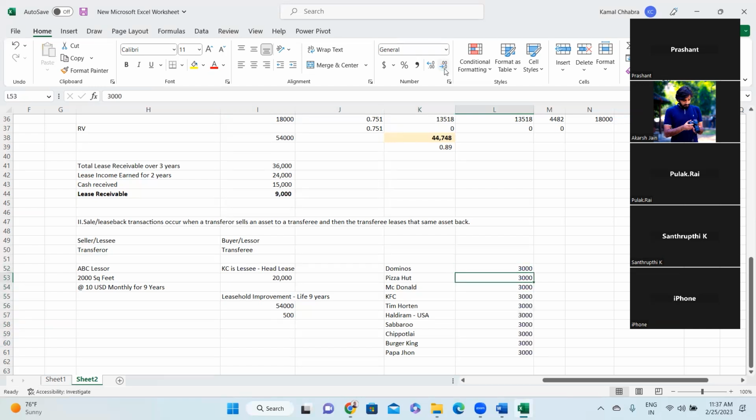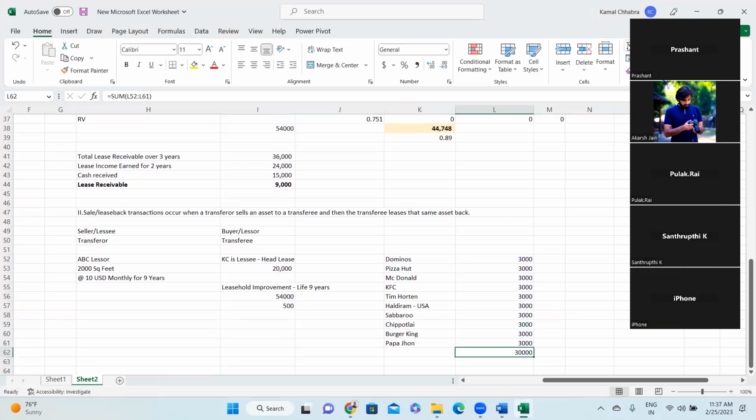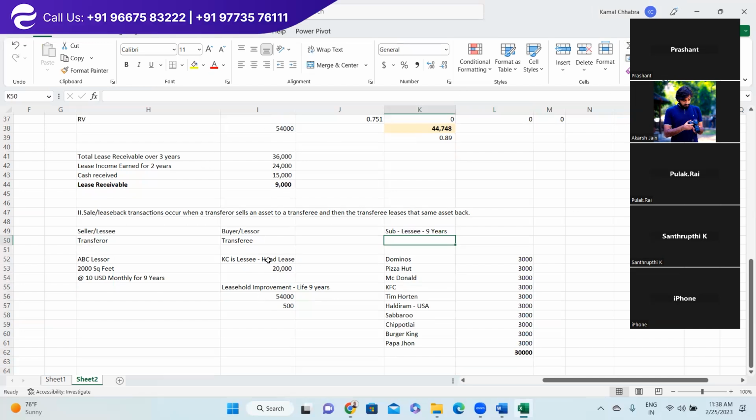Let's assume I'm charging $3,000 from each one of them, so I'm charging $30,000 from them in total. Again, these are all my sublessees, for nine years. So in this scenario, how do I do the accounting for this arrangement?